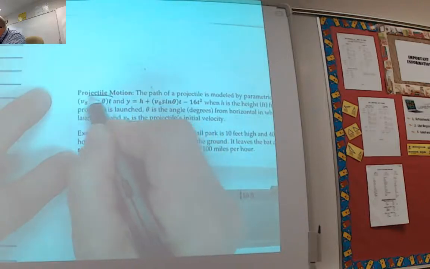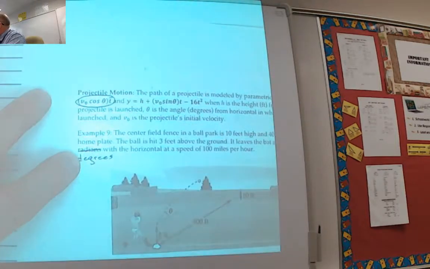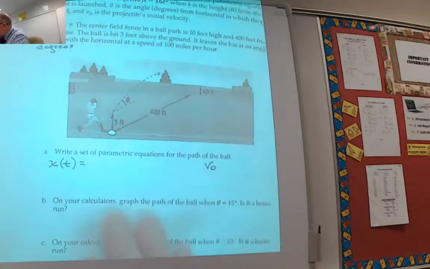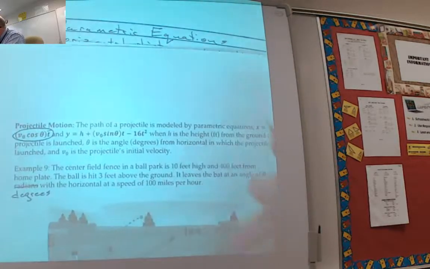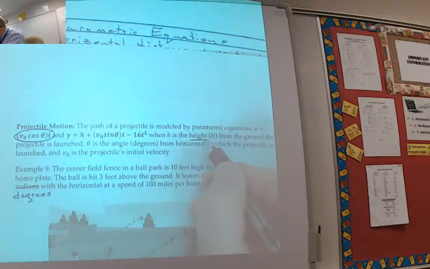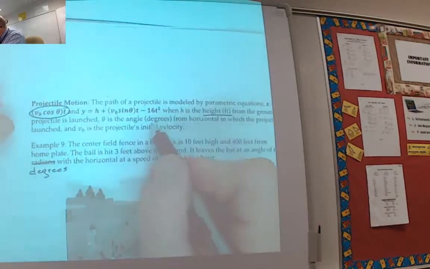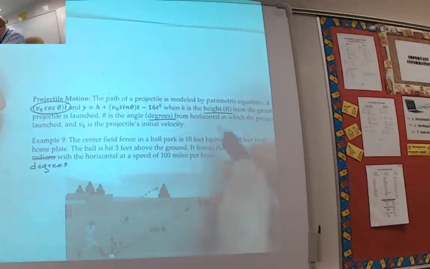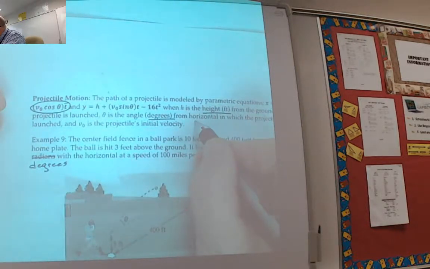Yeah, that's fine. And notice just a couple of things: height in feet, angle in degrees, velocity has to be in feet per second.